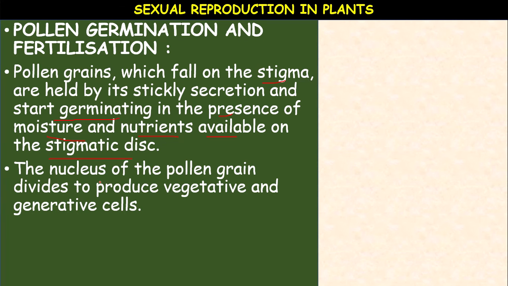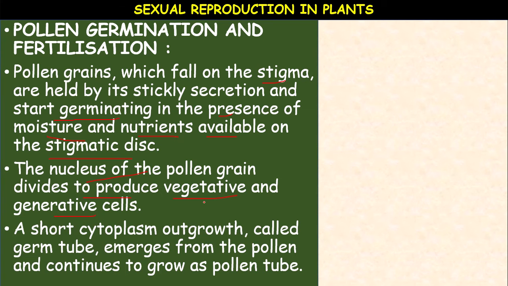The nucleus of the pollen grain divides to produce vegetative and generative cells or nuclei. A short cytoplasmic outgrowth called germ tube or pollen tube emerges from the pollen grain and continues to grow as pollen tube.